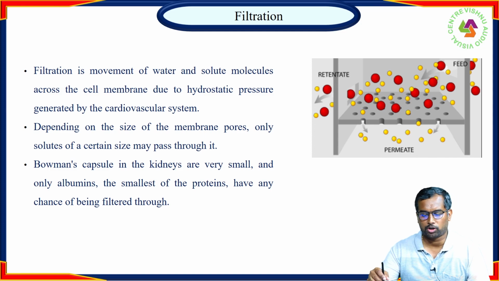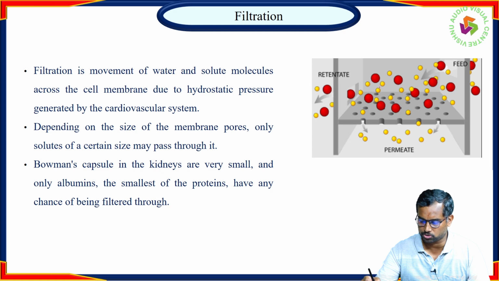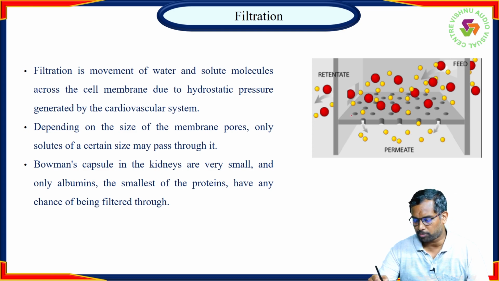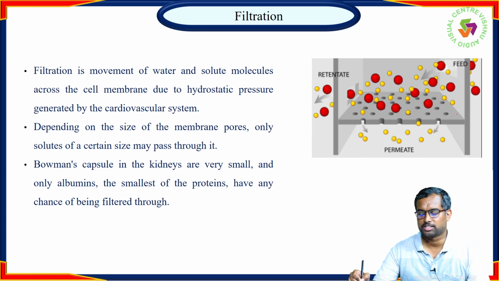In this case, the small molecules that you see in yellow can pass through this filter membrane; they can easily permeate or diffuse through the filter media, whereas the large red molecules cannot pass through easily.